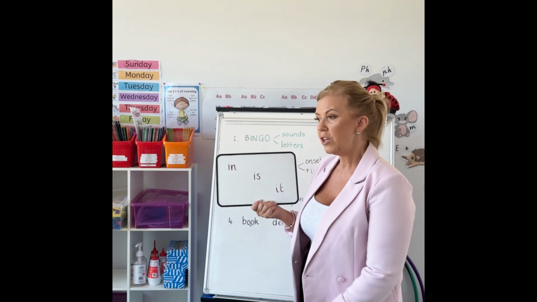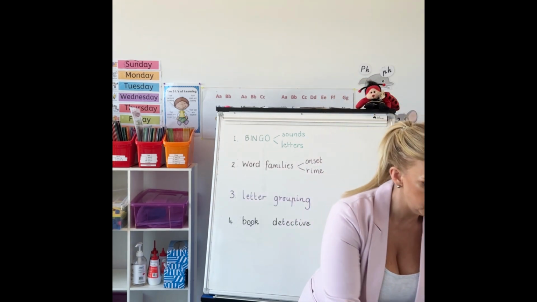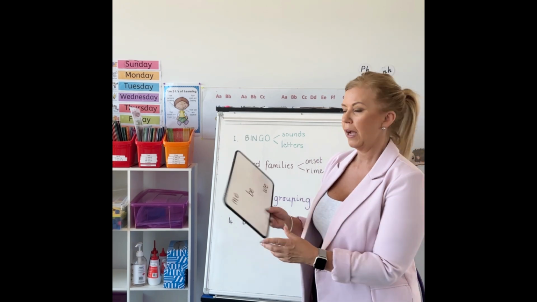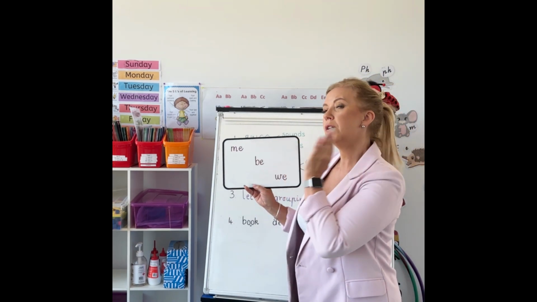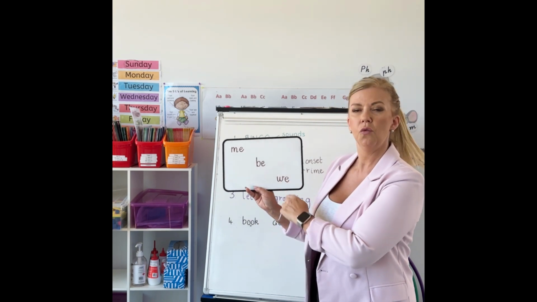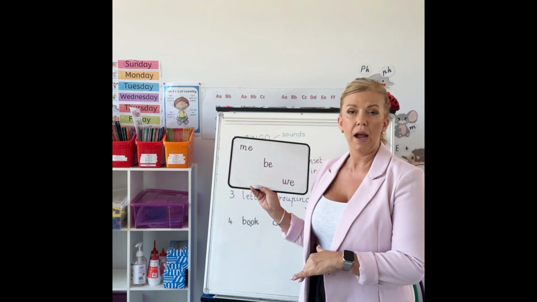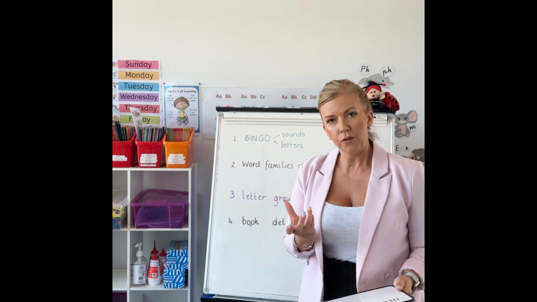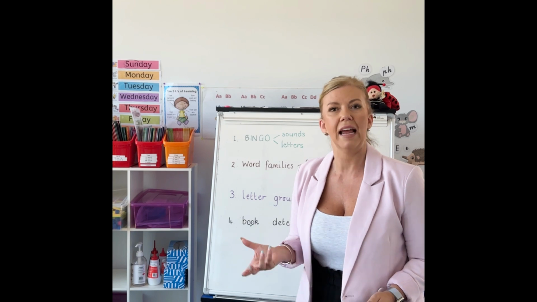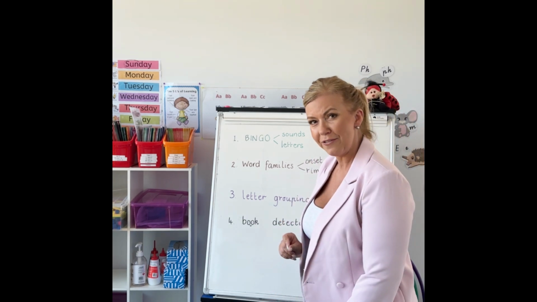It just finishes with a different sound. Or you can choose to look at words that sound with rhyming. Me, be, we. So we're looking at onset of words, rhyme of words, and that will give your child some understanding around word knowledge.